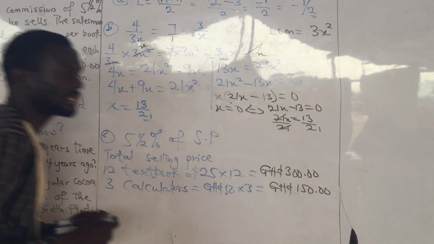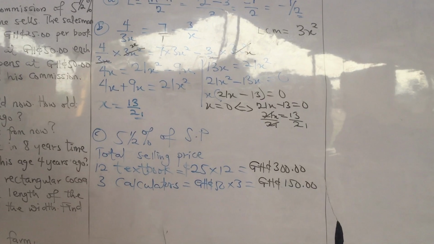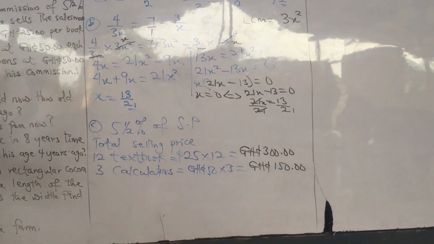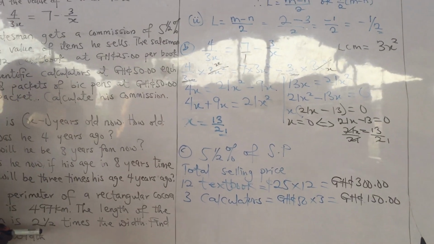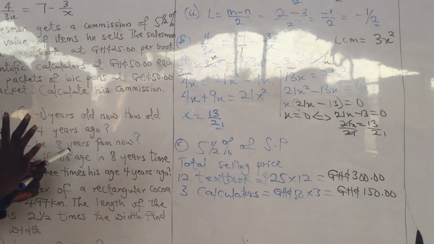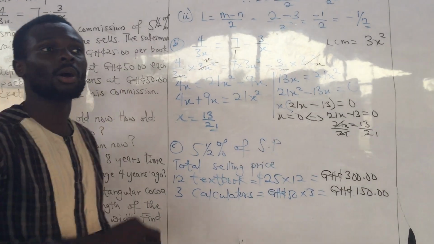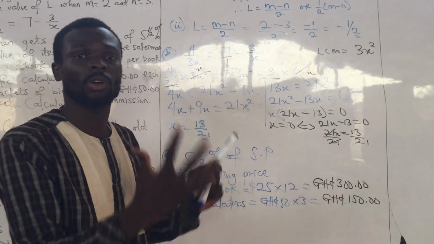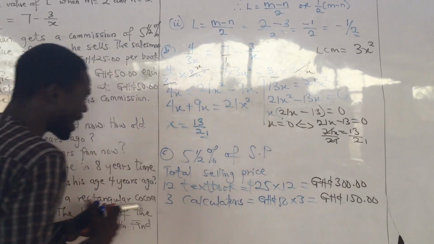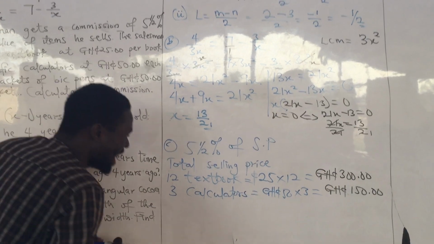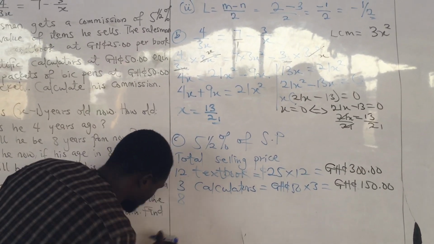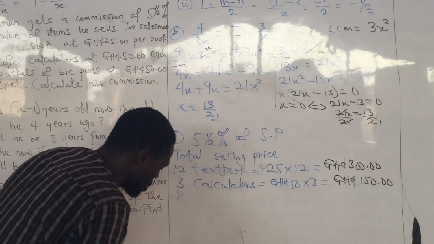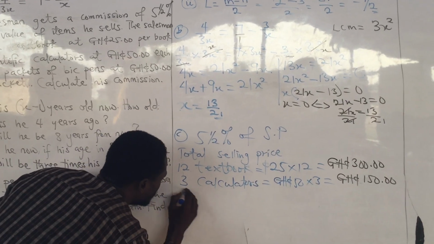Then the last one, he also sold 8 packets of big pens, 50 cedis. So one packet is 50 cedis. And he was able to sell 8 of those. So we are going to also calculate for 8 packets of big pens. Sorry for the marker, it's fading out.